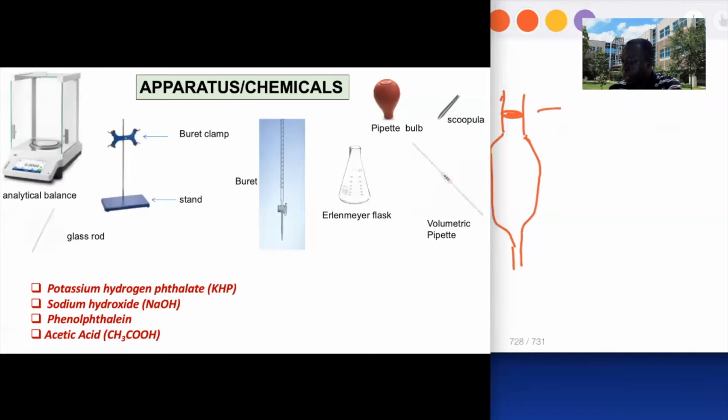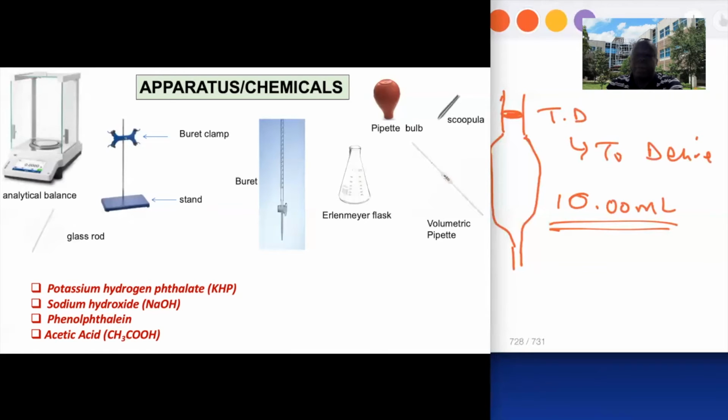This is calibrated to deliver. That means it's going to deliver exactly 10.00 ml. So bear in mind that the volumetric pipette we use in this case is 10 ml.